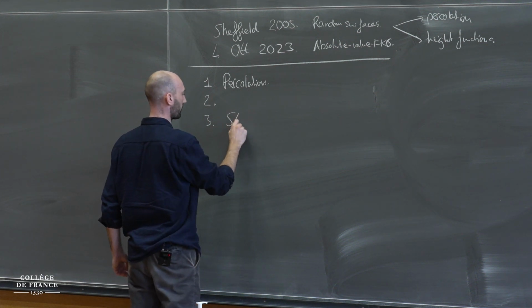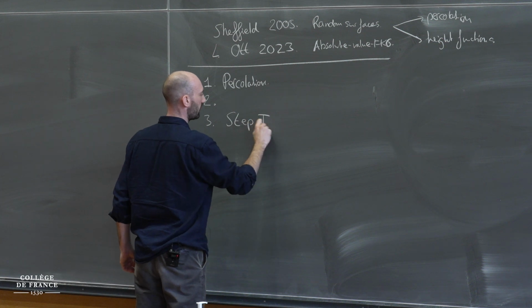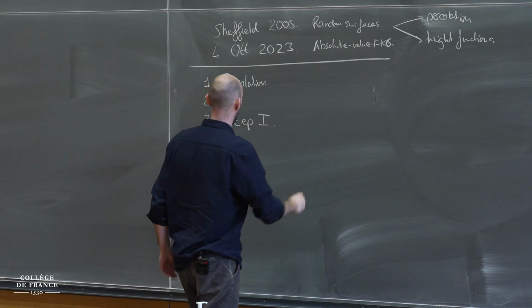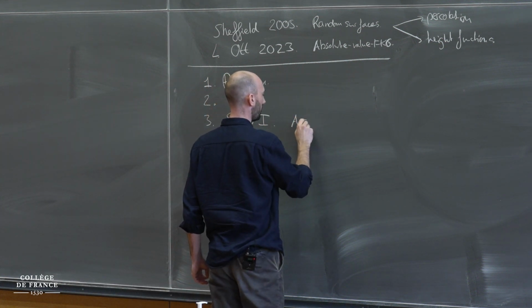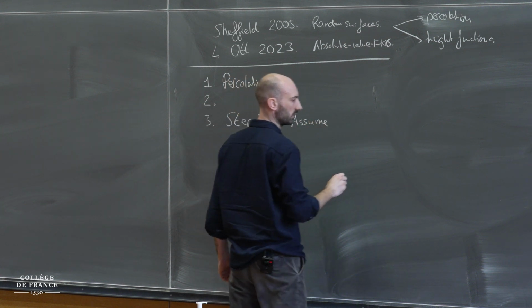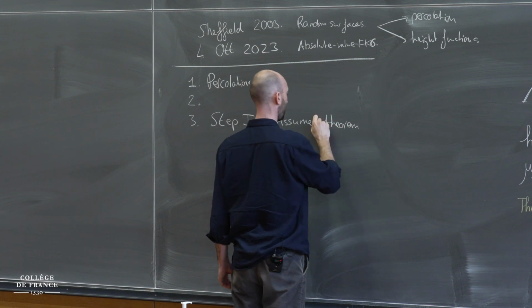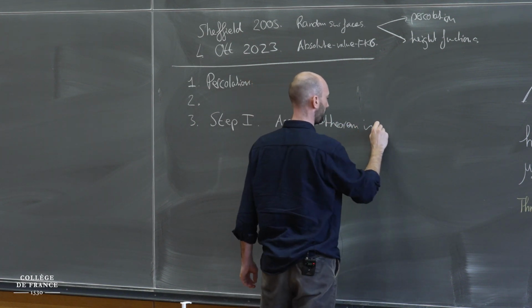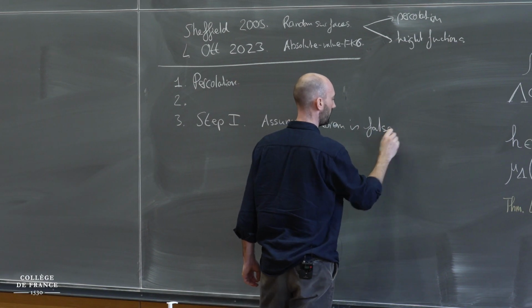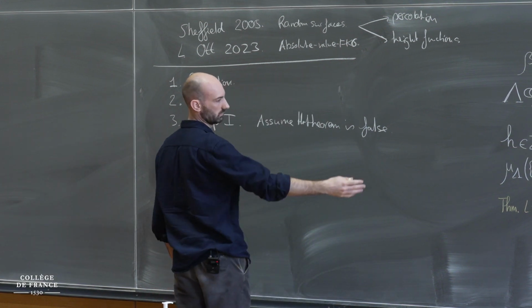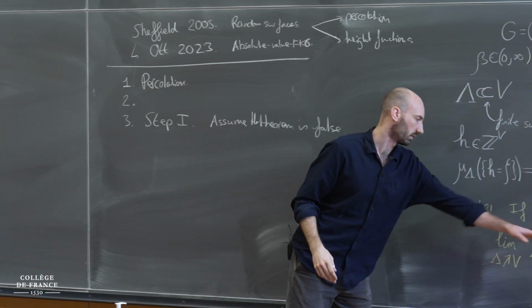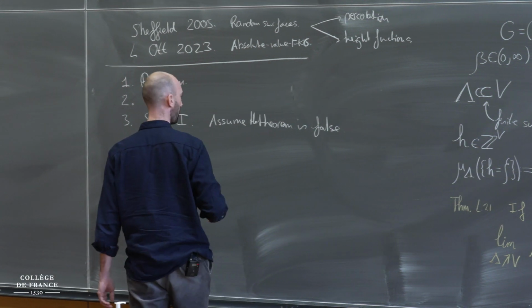So what is step 1 of the proof? It's the following: assume that the theorem is false. So we fix a beta, and it doesn't blow up.